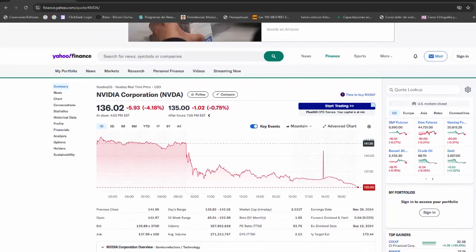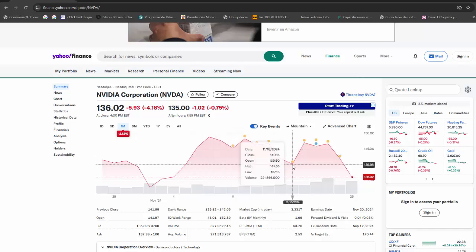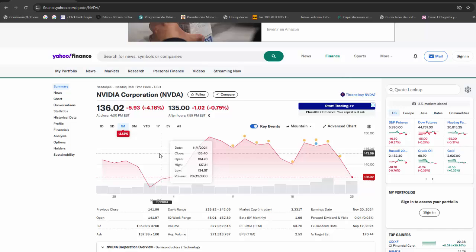When you look at the graph, you want to see how it's performing in different time frames. So here's one day. As you can see, it started up here in 141, and as the day progressed, it went down a bit. If you see it in a monthly period, you can see that it's been going up and then it's kind of range bound, but the image is not very clear.